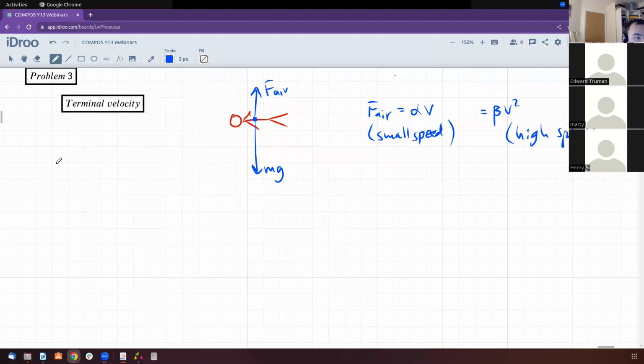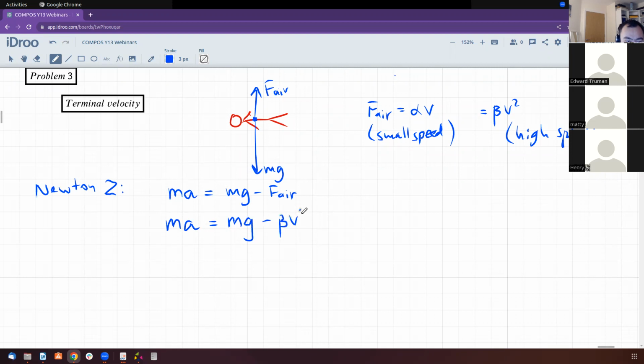So first of all, you write Newton's second law. Mass times acceleration is equal to the resultant force, and the resultant force is mg minus F of air. In other words, ma is equal to mg minus beta v squared.